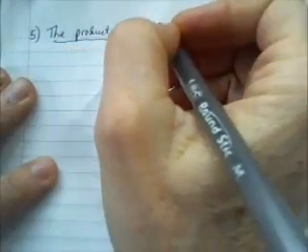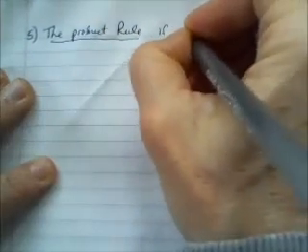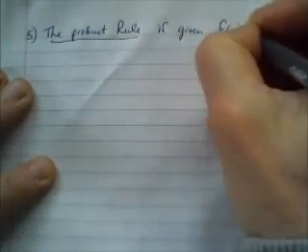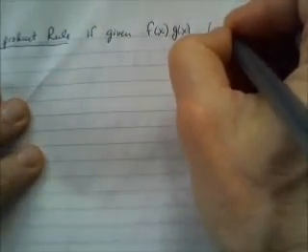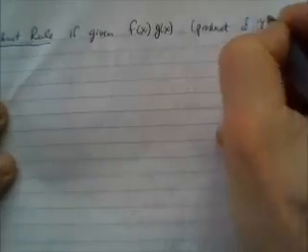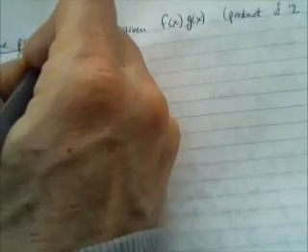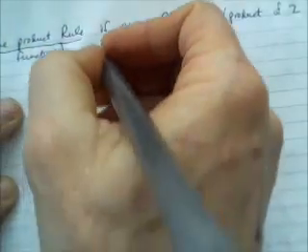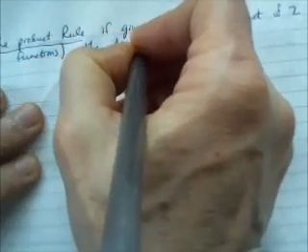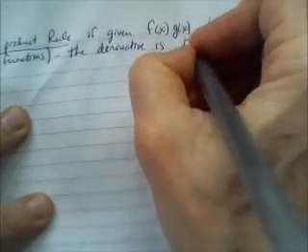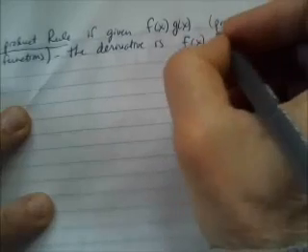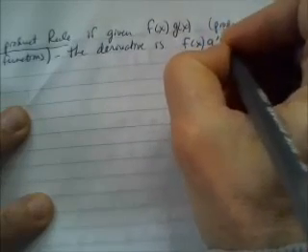If you have a product of two functions, let's say f of x times g of x, how you're going to find the derivative is the first function, f of x, times the derivative of the second function, which is g prime of x.